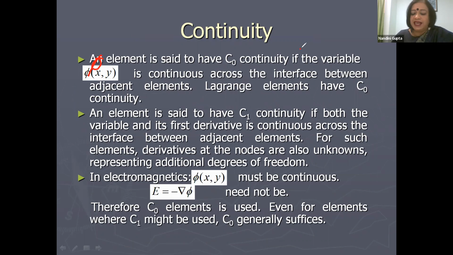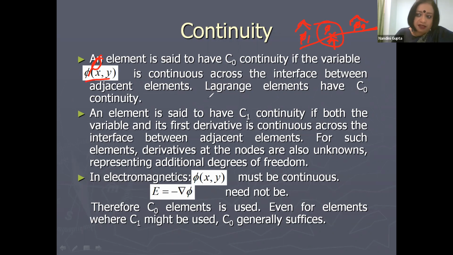You have already seen that when you take the one-dimensional case, if you have phi1 as the solution here and phi2 as the solution here, then phi1 and phi2 must give you the same value at the junction, at the interface between these 2 elements. So phi has to be continuous.